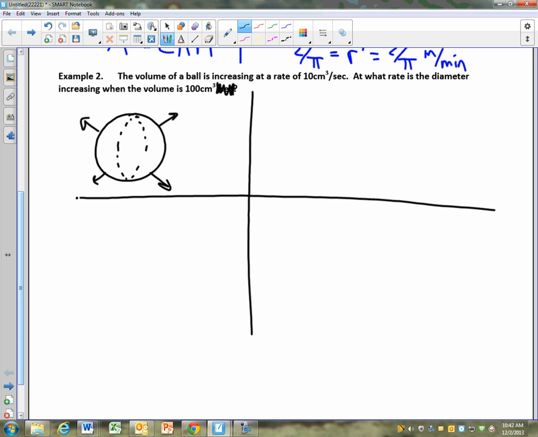So tell me something to write down. Not A, but V prime. V prime is equal to 10. Very good. So the derivative of the volume is equal to 10. We know that. What else do we know? Oh, very good. Volume formula is going to be 4/3 pi r to the third.